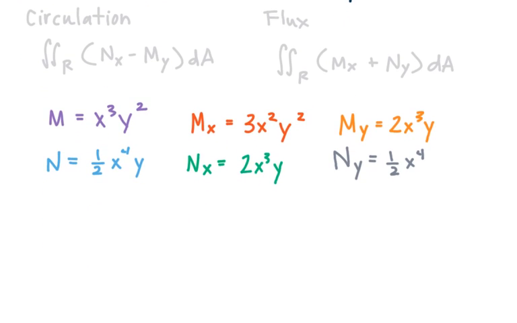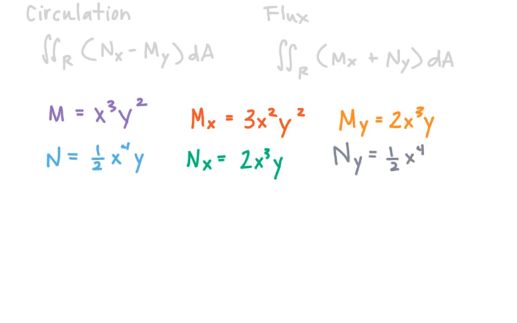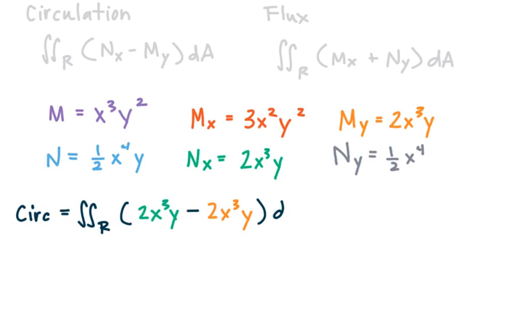Let's set up the integral for circulation. So my counterclockwise circulation is going to be the double integral over the region R of n sub x, which is 2x cubed y, minus m sub y, also 2x cubed y. And we'll integrate with respect to x and y depending on how our bounds work out.